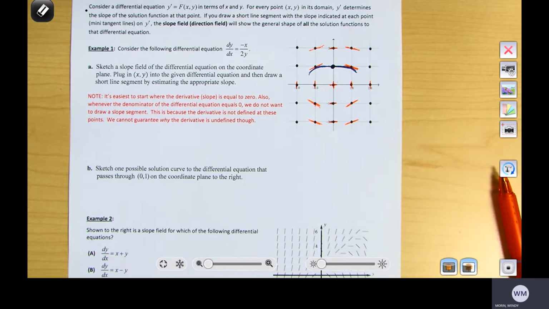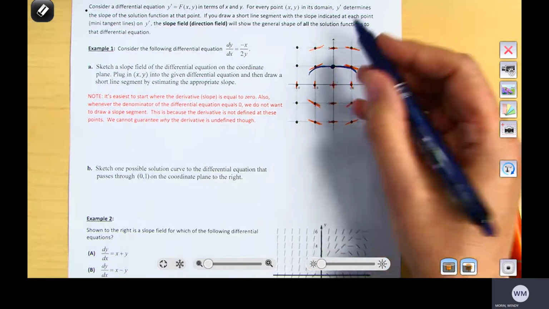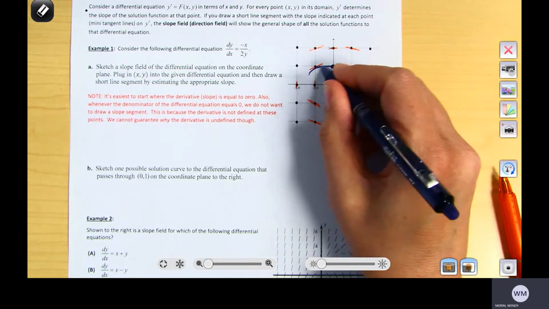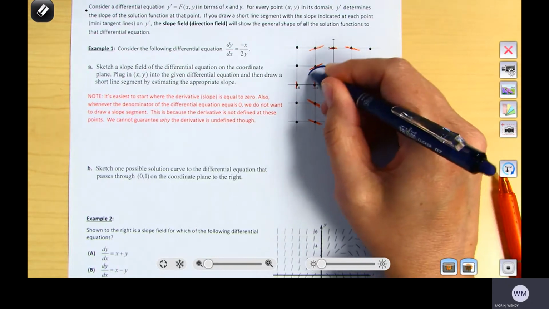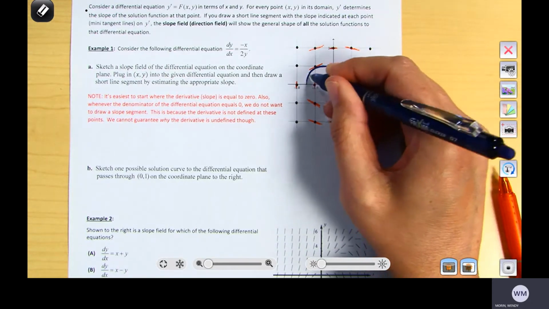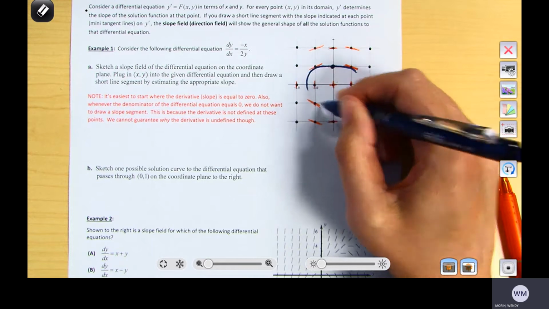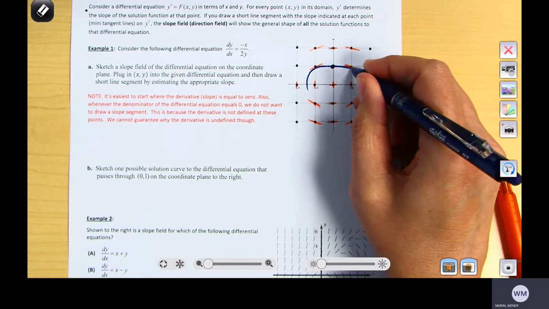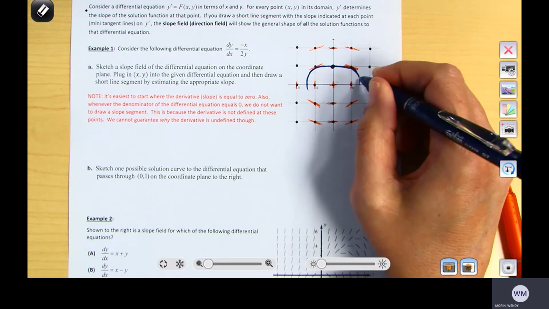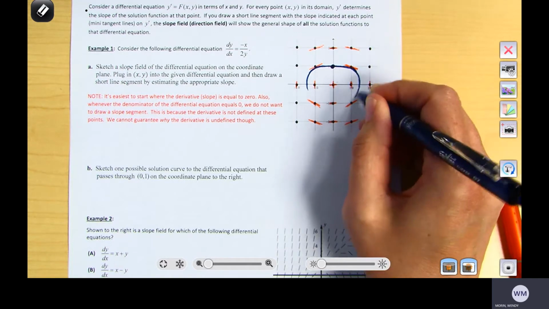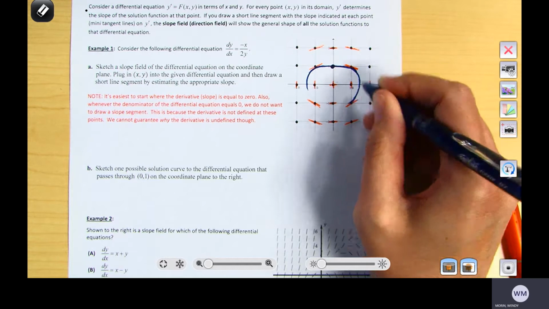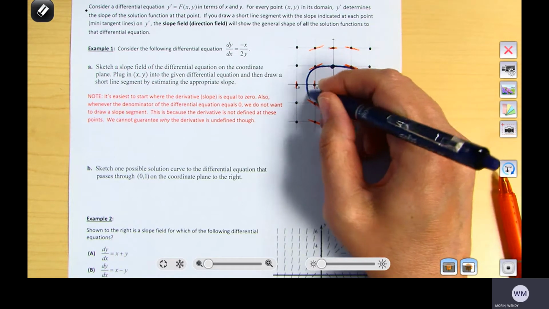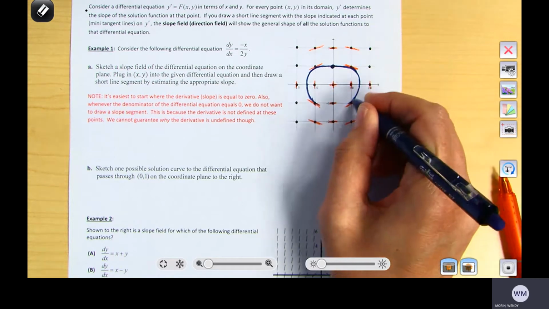Okay, so I'm just going to go ahead and see what I can do to complete this. If I go with this curve, now again, here's some more possible tangents here. So I know that this curve is a possible solution to the differential equation.